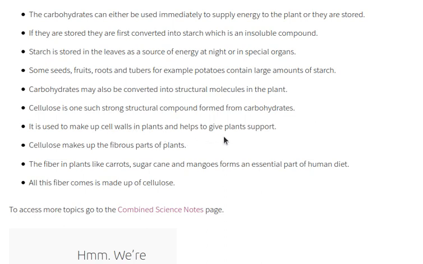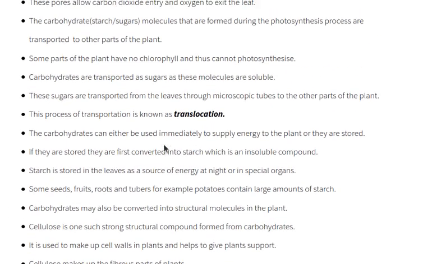So that is formed from these carbohydrates that you are forming during photosynthesis. So cellulose makes up the fibrous parts of plants, right? The fiber in plants like carrots, sugarcane, and mangoes forms an essential part of the human diet. So all this fiber is made up of cellulose. That's basically what we are talking about.